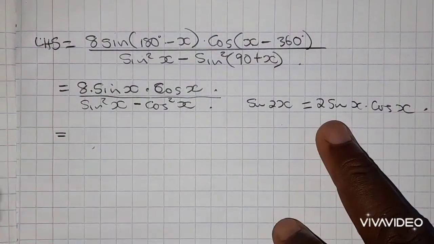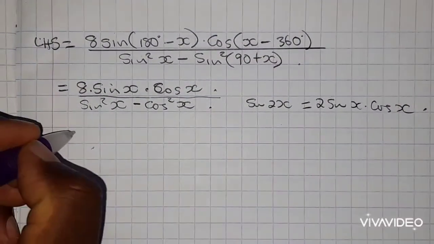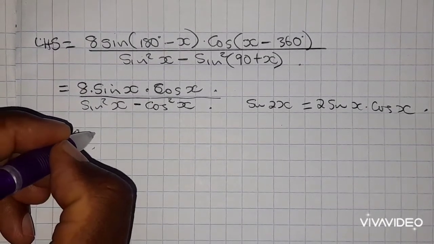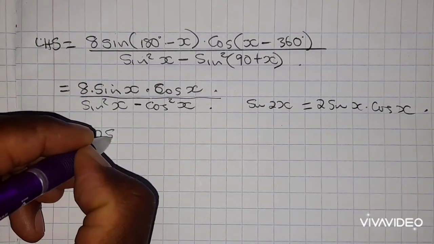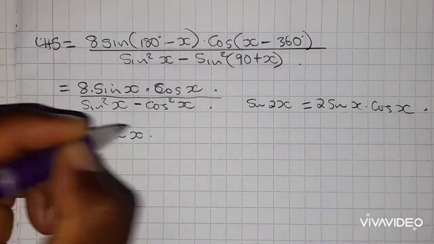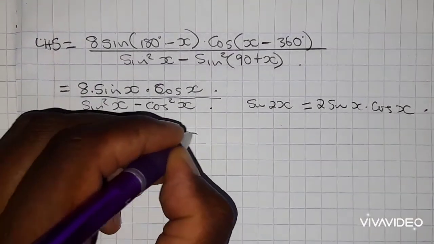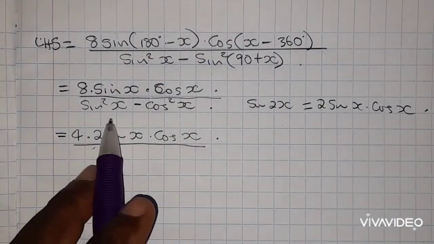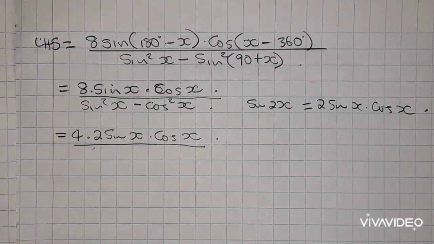So we can remove 4 from this 8 and we have 4 and then 2 sine x cos x all over the expansion of cos.